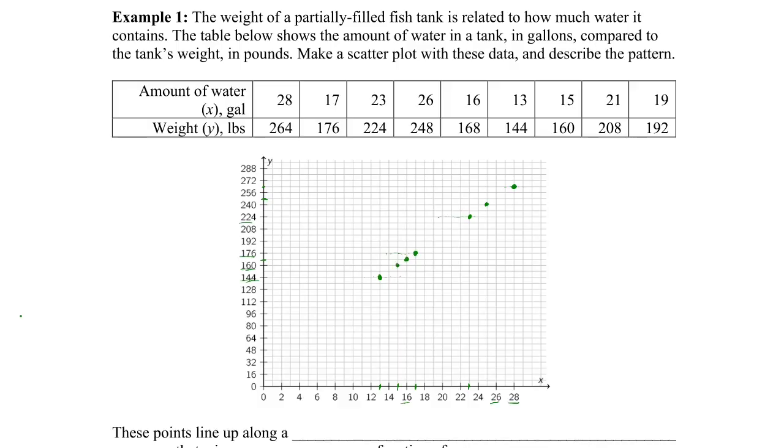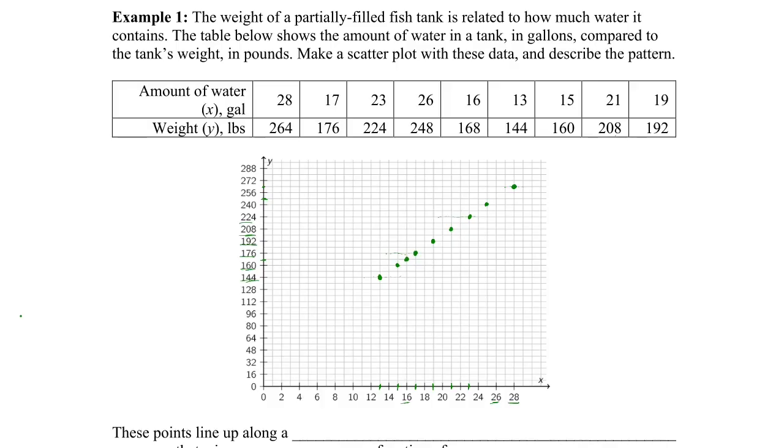There we go. When x is 21, y is 208. So there's 21 on the x-axis, 208 on the y-axis. There we go. When x is 19, y is 192. 19 on the x-axis, 192 on the y-axis. Bam.